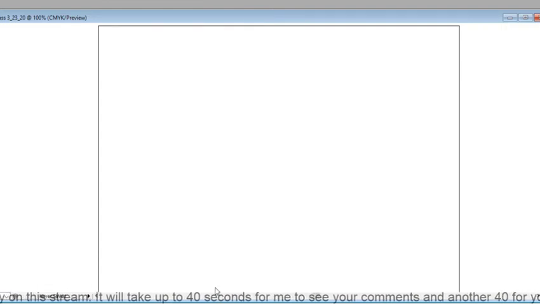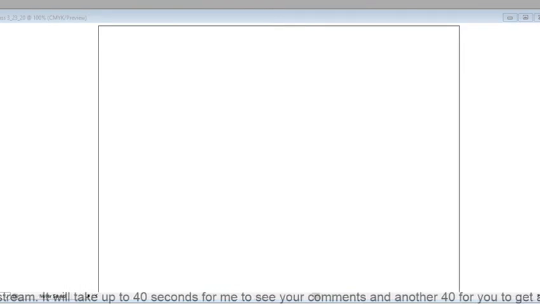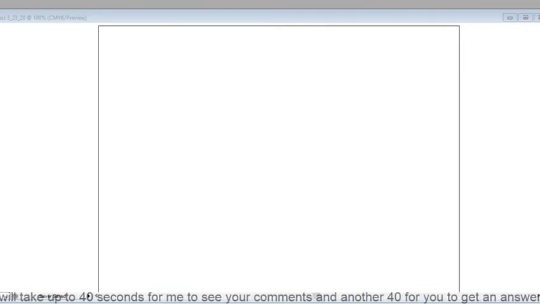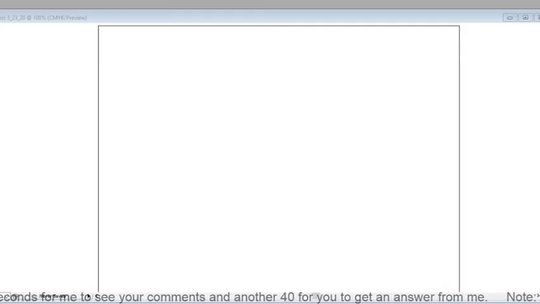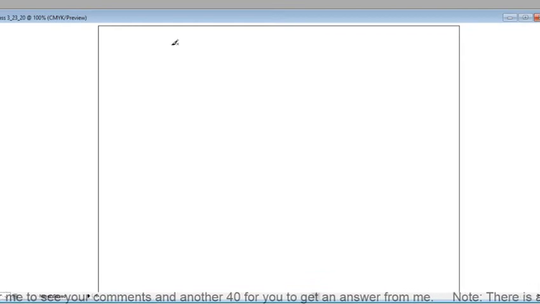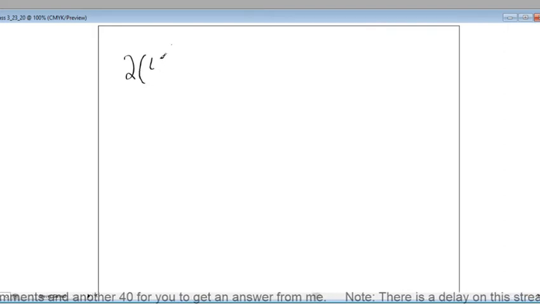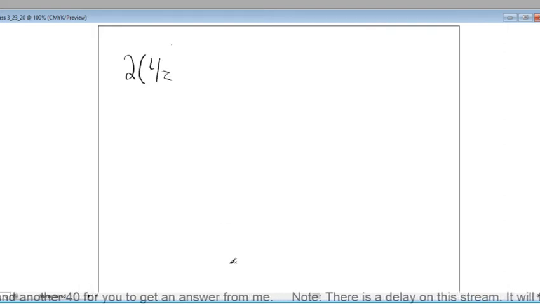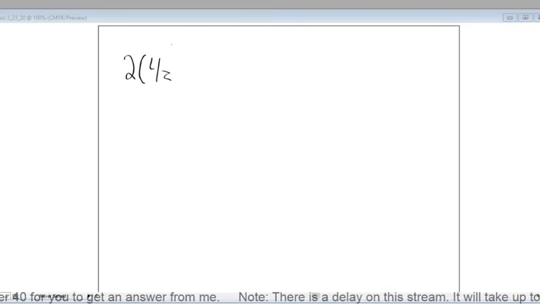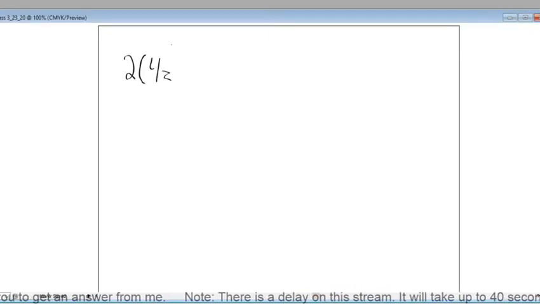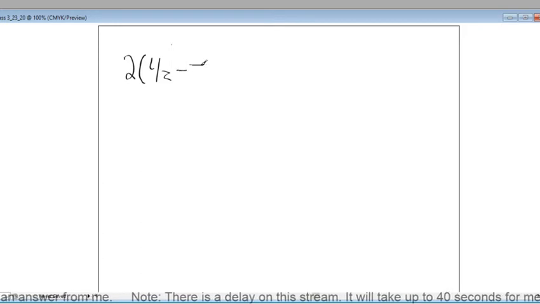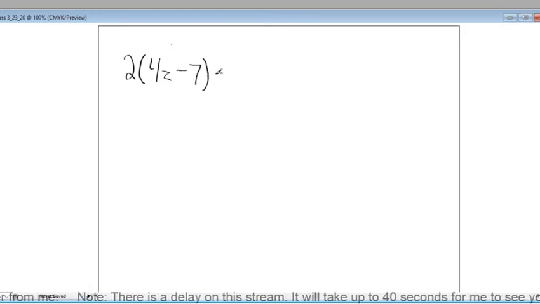Okay, so like I said, let's go back and let's look at another conditional equation. A little bit more complicated this time. My first expression is going to be 2 times 4z minus 7, and then we're going to set this equal to another expression.